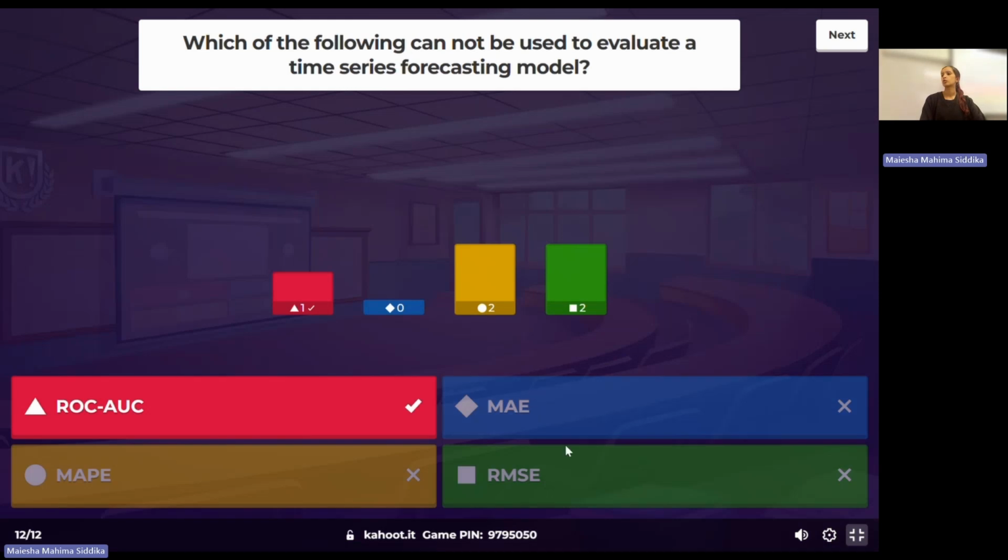Okay, so you can use all of these except ROC AUC. That cannot be used to evaluate a time series model. And then this is for classification.